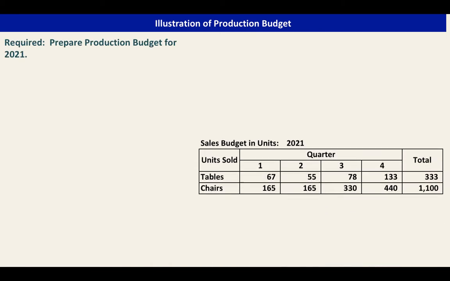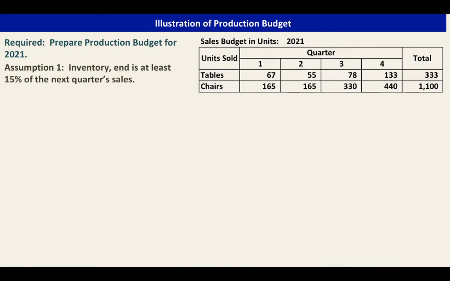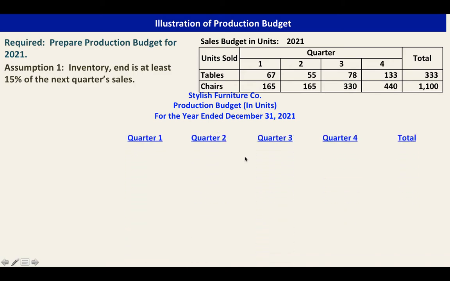So let us do an illustration of the production budget. Again, our assumption is that inventory end is at least 15% of next quarter's sales. In the offices, you will be asked to do a production budget in this format. You can use Excel in doing the production budget.